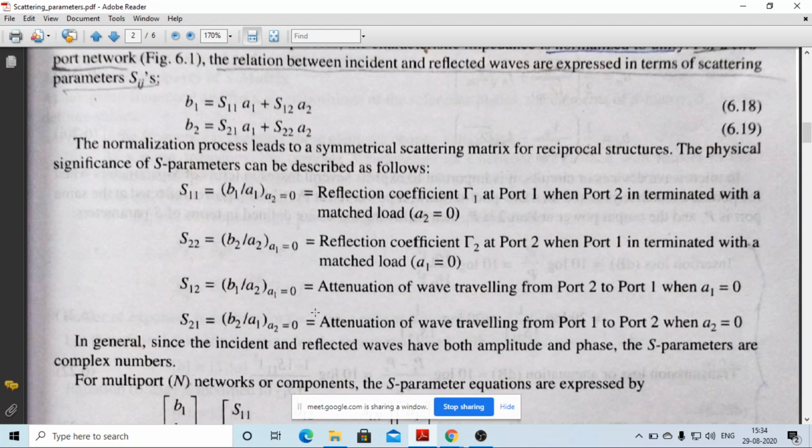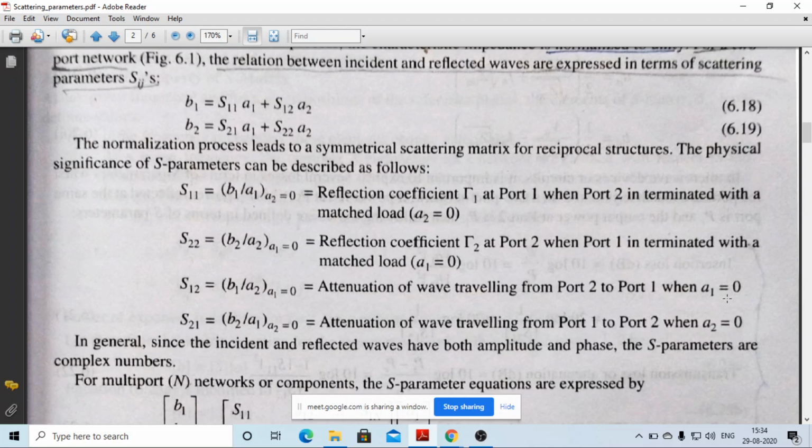Now see what is the meaning of A1 equal to 0 here. A1 equal to 0 means we are only giving the incident wave at port 2. There is no incident wave at port 1, and there is a matched type of load at port 1. So when it is coming from 2 to 1, it shows how much the waveform is attenuated through the waveguide or through any 3-port or 4-port device.